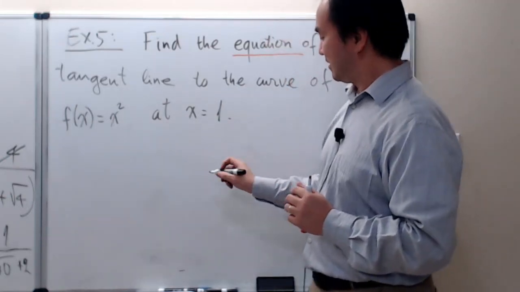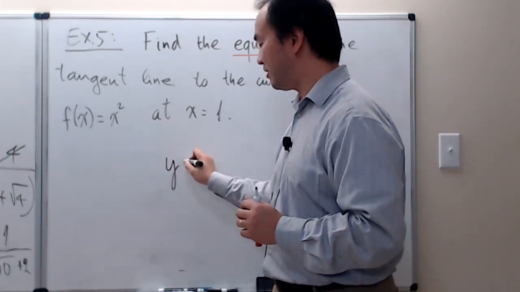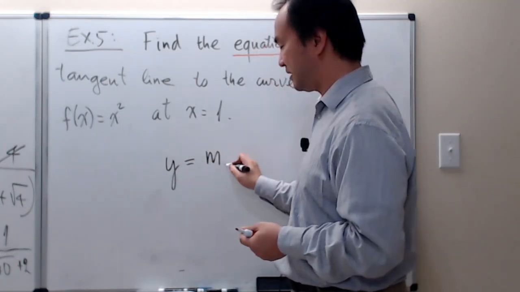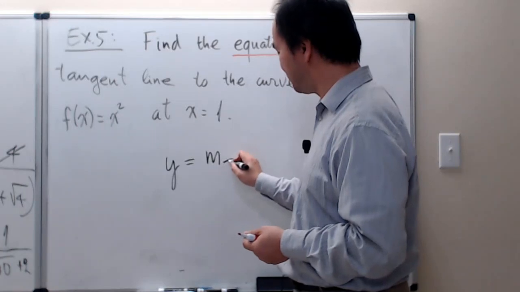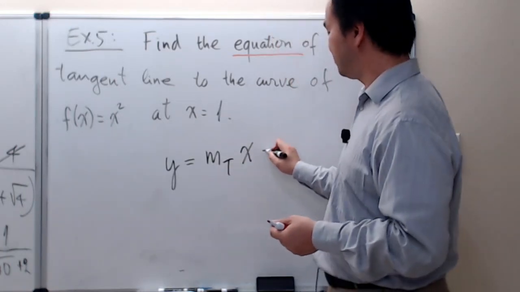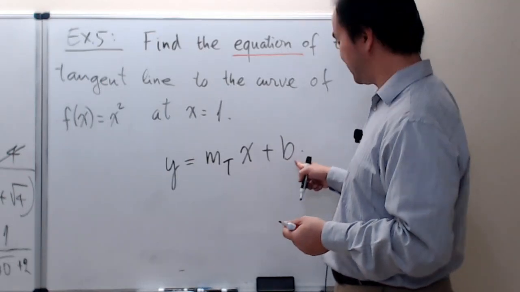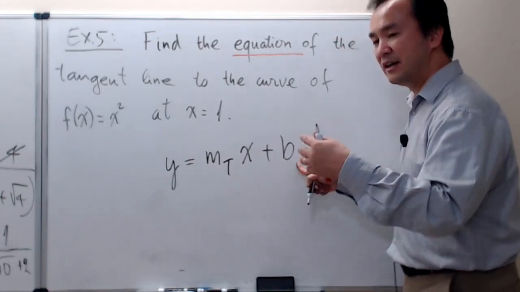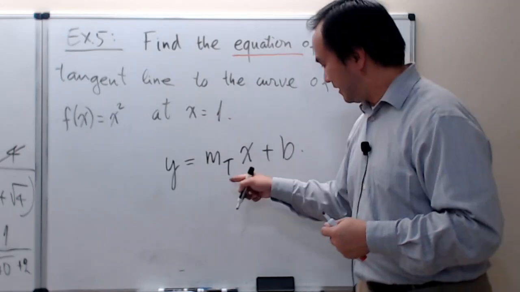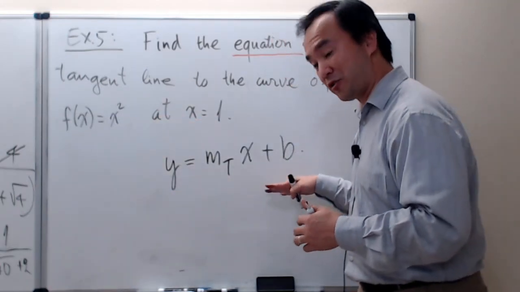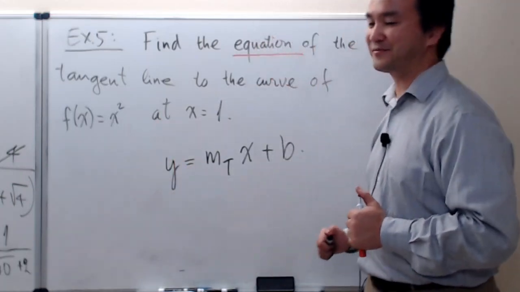So now I need to remind you of the famous form of a line, mx plus b: the slope times x plus the y-intercept. I put that little subscript t right here to indicate that this line is a little bit special. It's just a tangent line, okay?